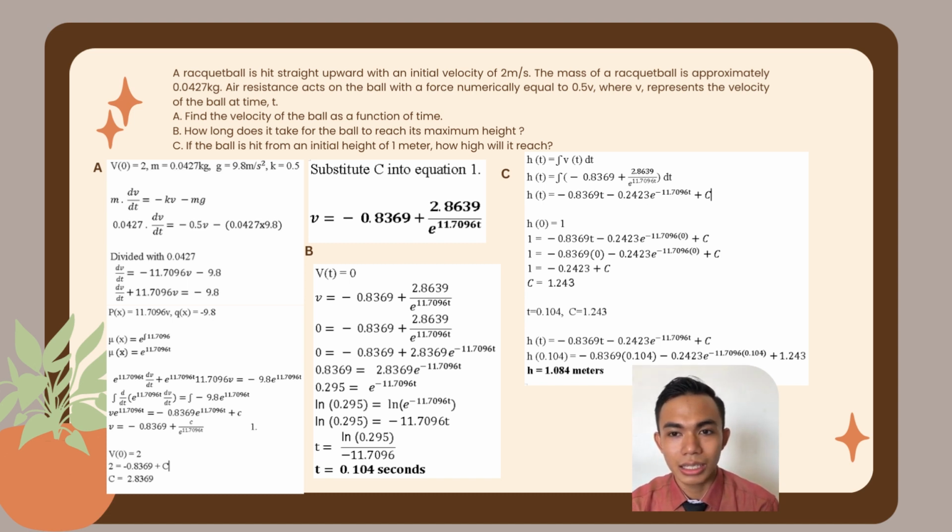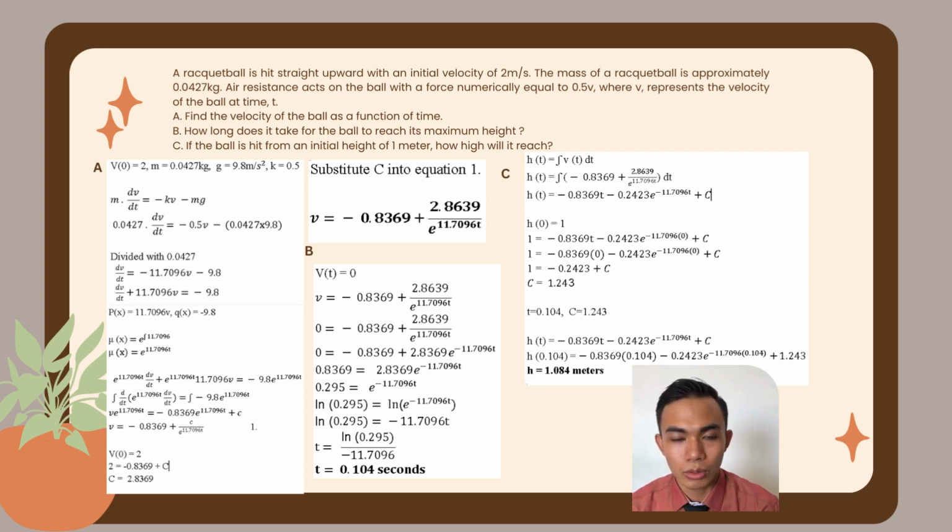A resistance acts on the ball with force numerically equal to 0.5 v, where v is the velocity of the ball at time t. For part A, we need to find the velocity of the ball as a function of time. We are given v0 is 2, m is 0.0427 kg, the gravity is 9.8 meters per second squared, and k is 0.5.